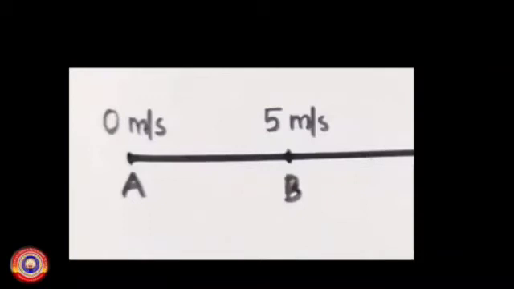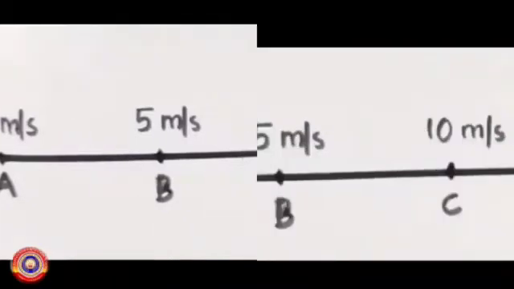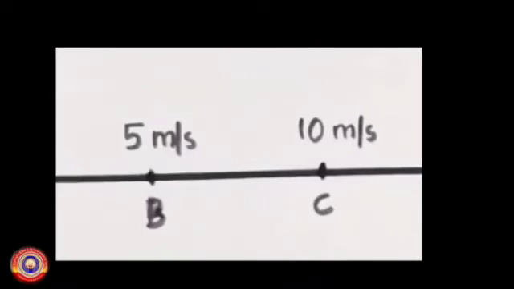And the final velocity is the velocity of the car at B, that is 5 meters per second. Another one, journey from B to C. Initial velocity is the velocity at B, that is 5 meters per second. Final velocity is 10 meters per second, which is at the point C.